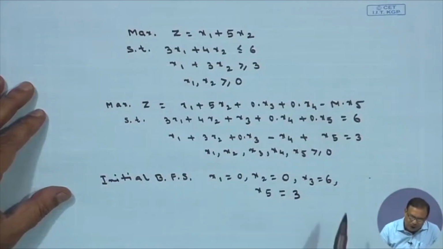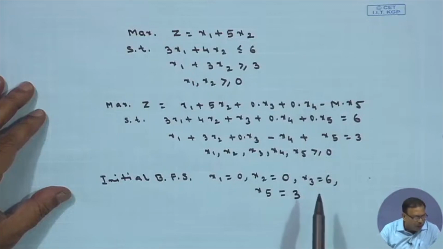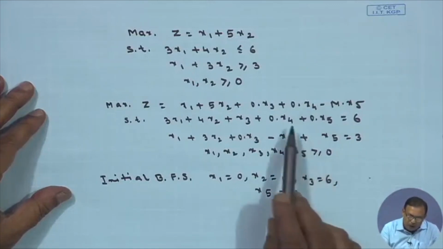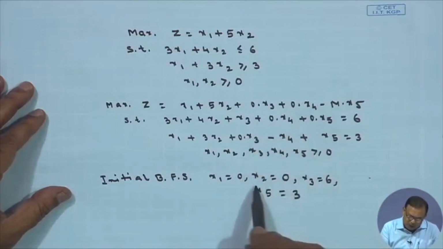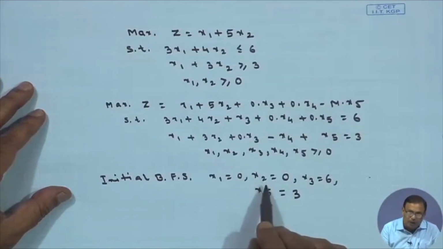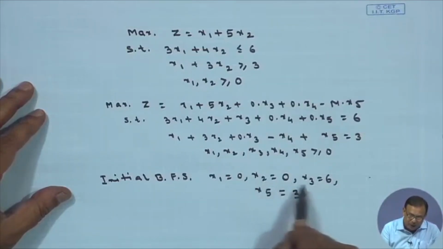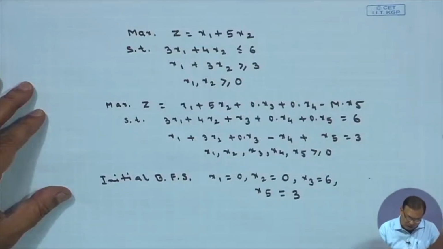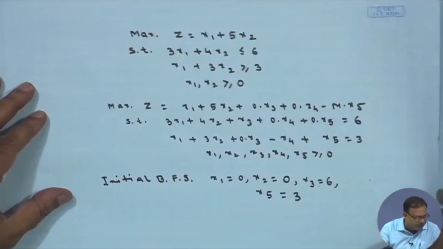So, the variables in the basis will be x 3 and x 5.